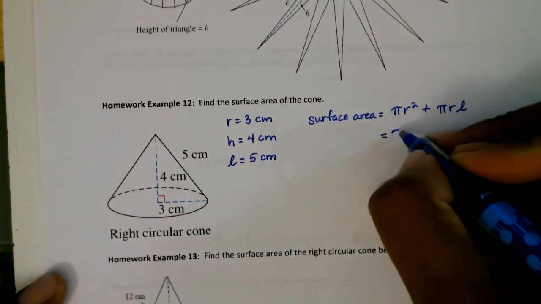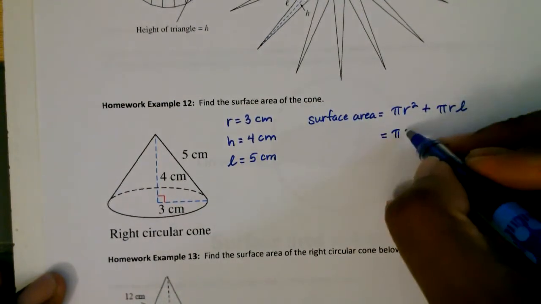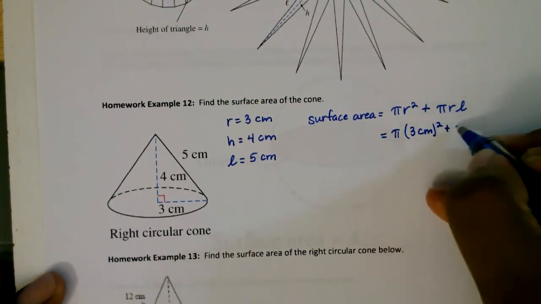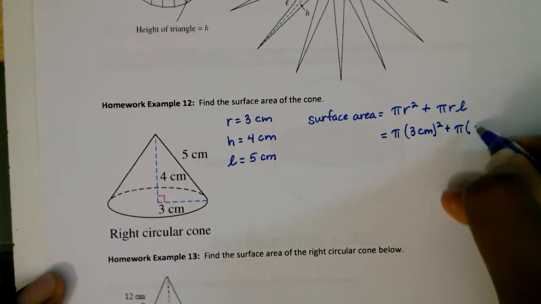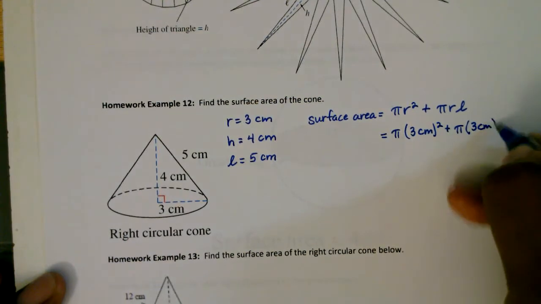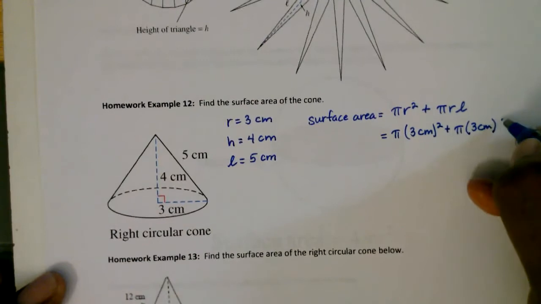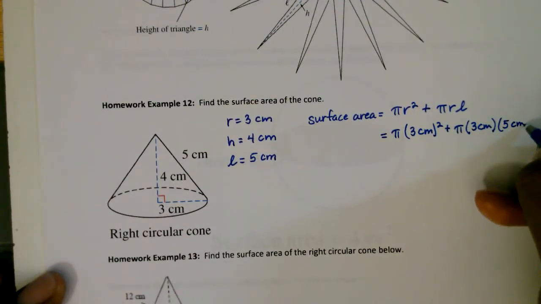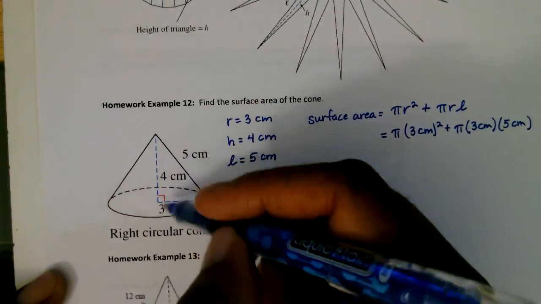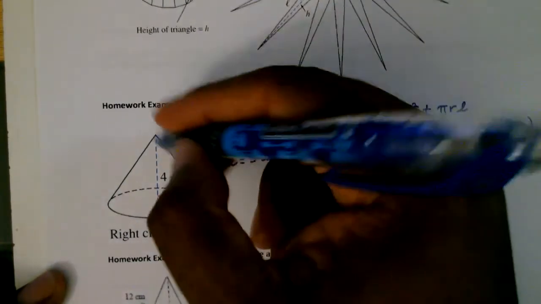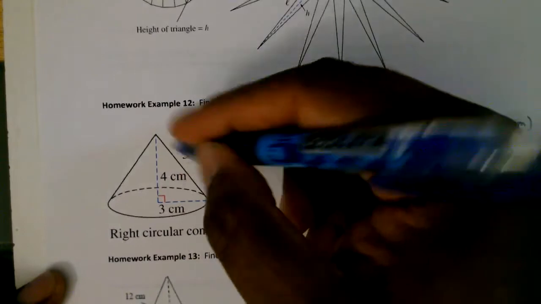So I'm going to bring down the pi, and here the radius is 3 centimeters, that will be squared, plus pi times the radius again, that's 3 centimeters, times the slant height. That would be 5 centimeters. Now here we're not using that 4 centimeters. That's the vertical height. The slant height is slant, like this.